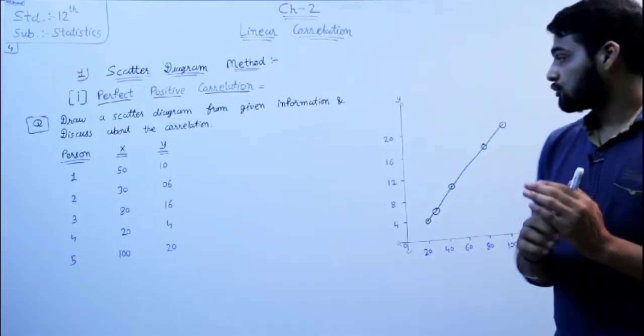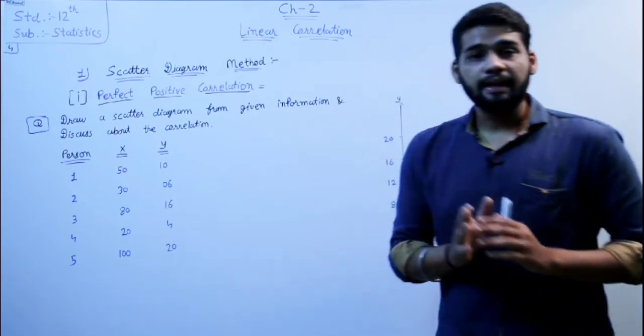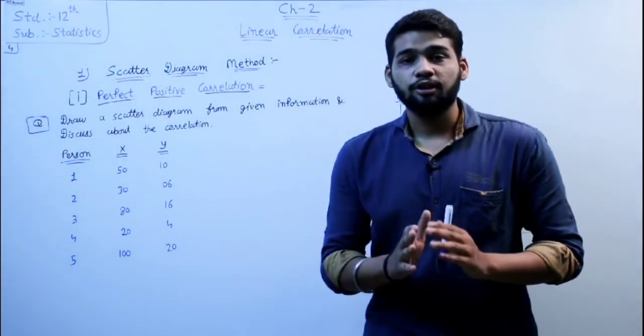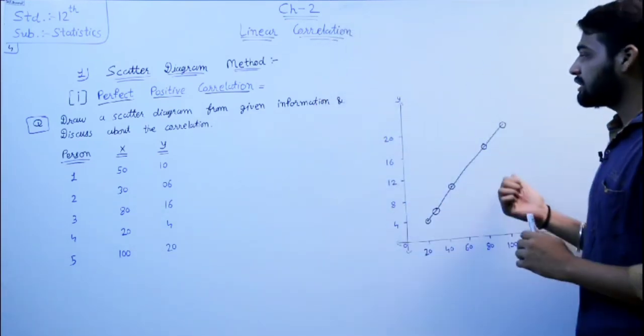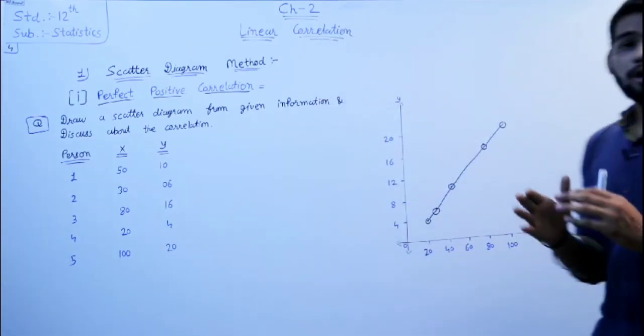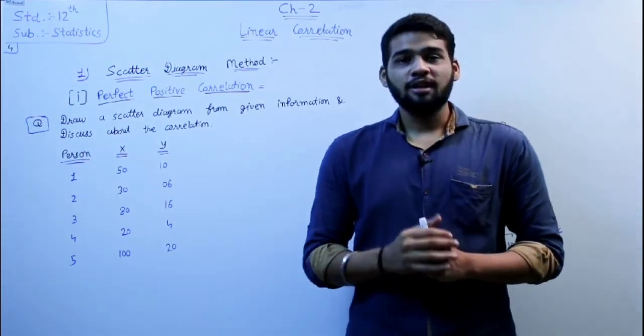I hope you all understood the first type of scatter diagram method, perfect positive correlation. Please note down this sum in your notebook and draw this graph on your graph paper. Thank you.